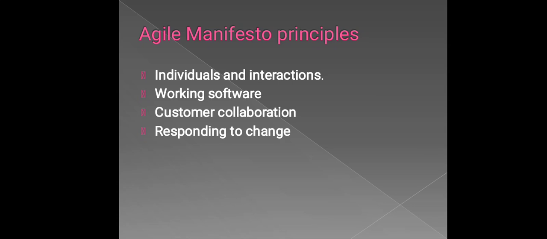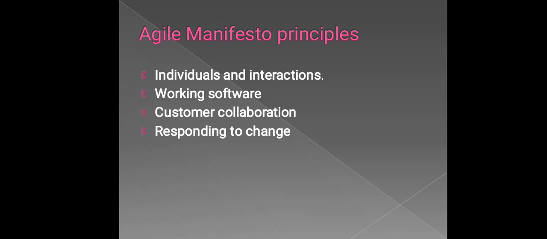The first one is individuals and interaction. In agile development, self-organization and motivation are important, as are interactions like co-location and pair programming. The second point is working software. Demo of working software is considered the best means of communication with the customer to understand their requirements, instead of just depending on documentation.